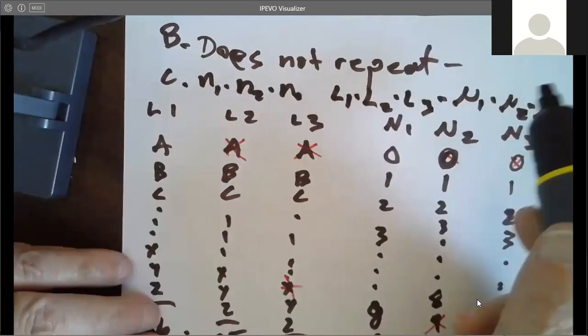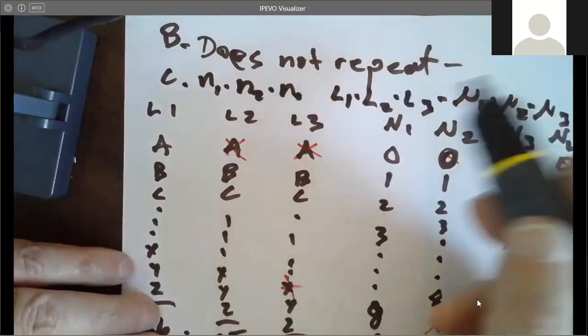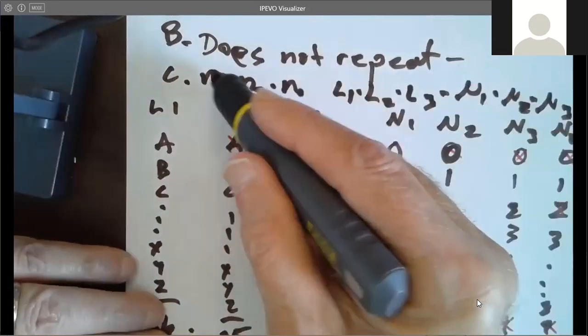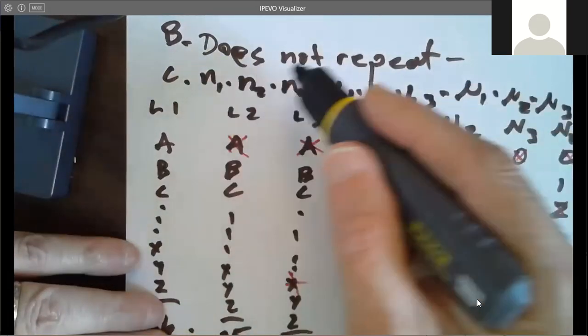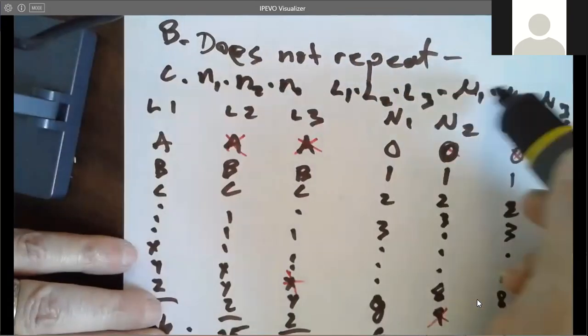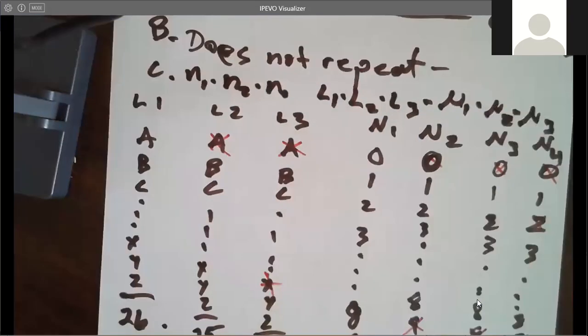And you can define n as meaning letter, and n as meaning number, and so on.